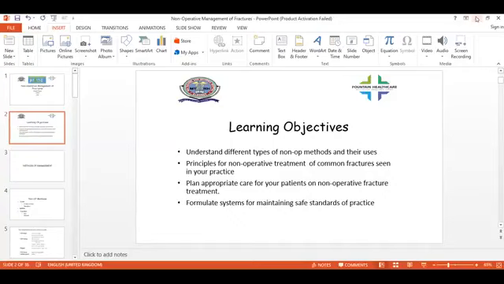Fixed traction, we a lot of times use in fracture of the shaft of femur, particularly in adults, where you pull the fracture with the aim of reducing it. Once you've manipulated and achieved your desired reduction, then you fix the fracture in the reduced position.